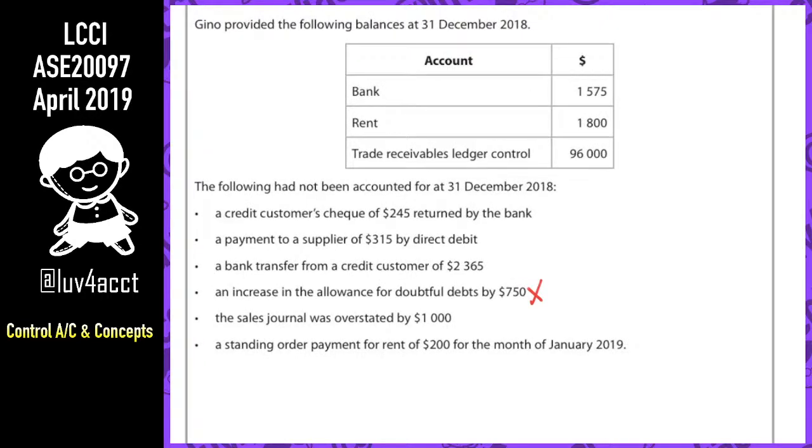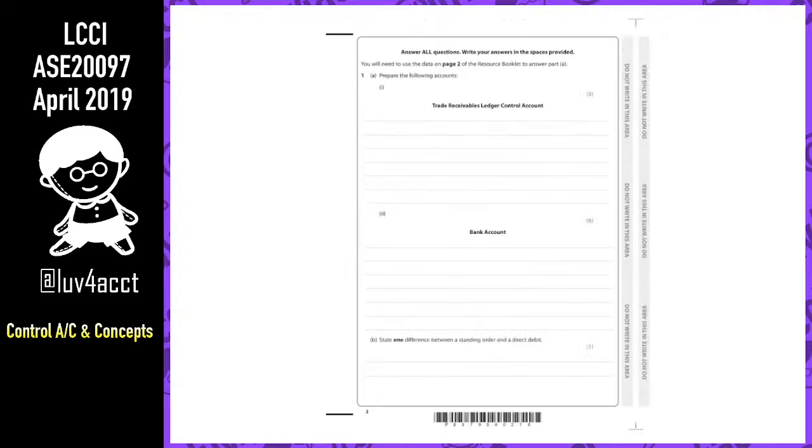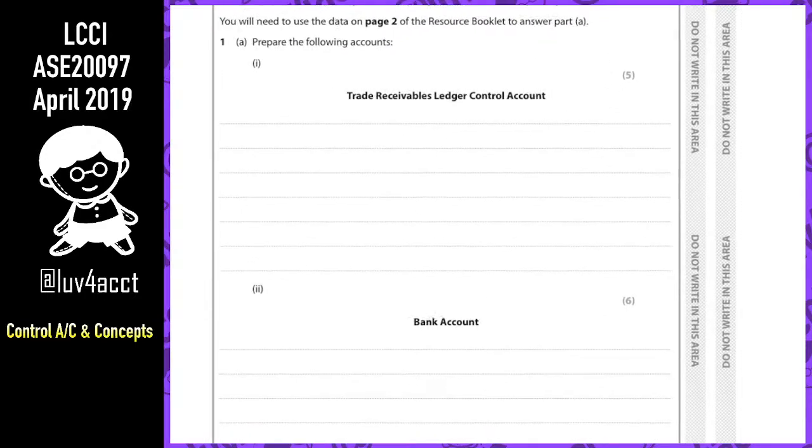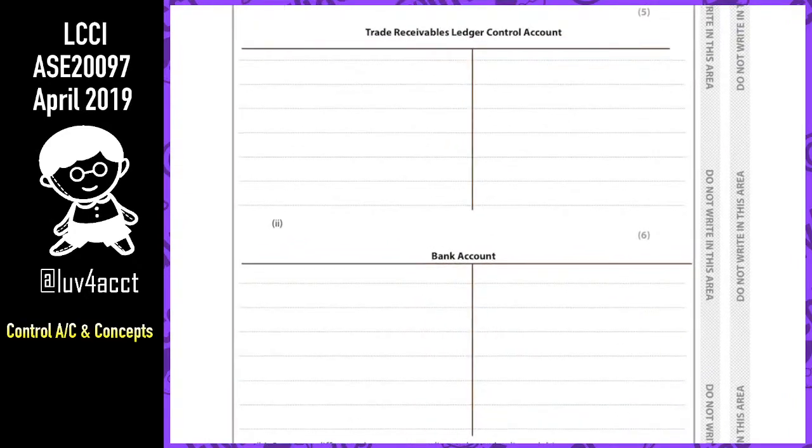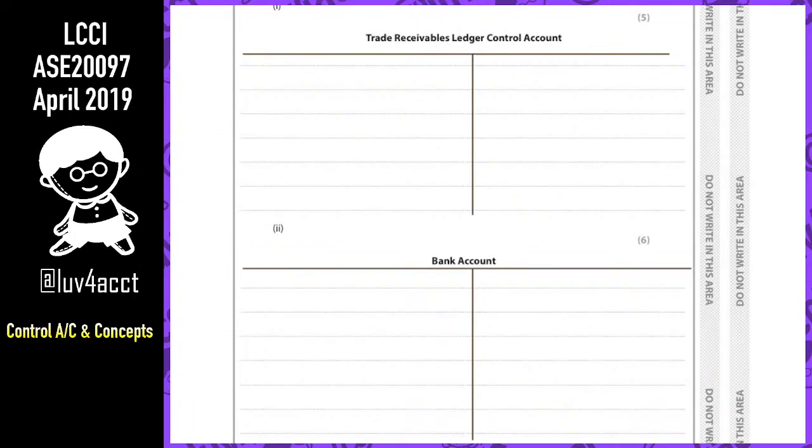So let us put the balances first. Bank 1575. And then 96000 for the trade receivables ledger control. Let's draw the lines first. Trade receivables ledger control is on the debit side because it is trade receivables.